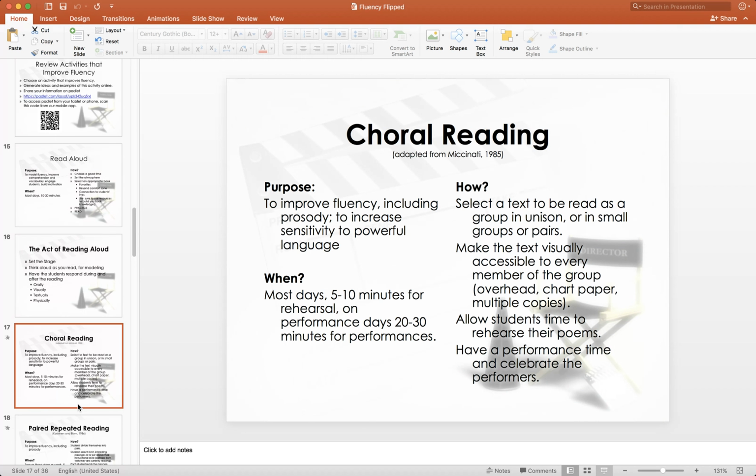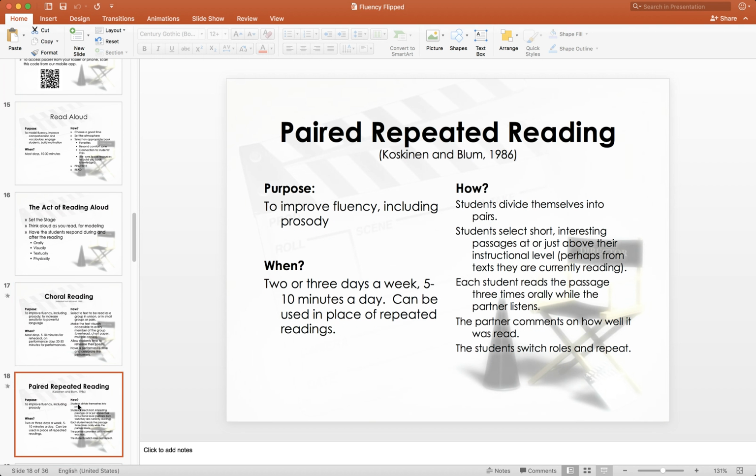All right, another instructional practice is paired repeated reading. So paired repeated reading is really nice in that you put kids together where they can repeat reading but do it together in kind of fun instructional ways. So you would divide the students into pairs.